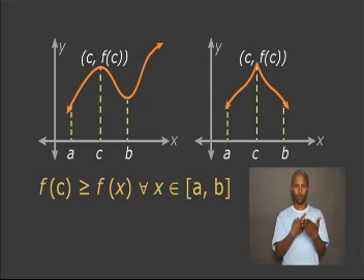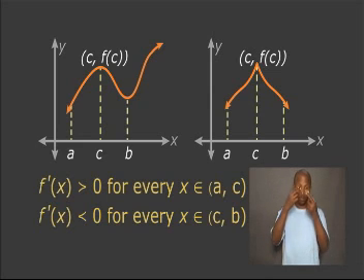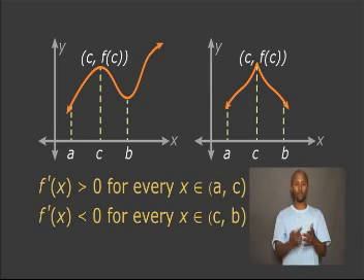So, f of c is a local maximum value of f on the open interval (a, b). We can make some further observations of these graphs that will help us think of a test for maximum or minimum numbers.